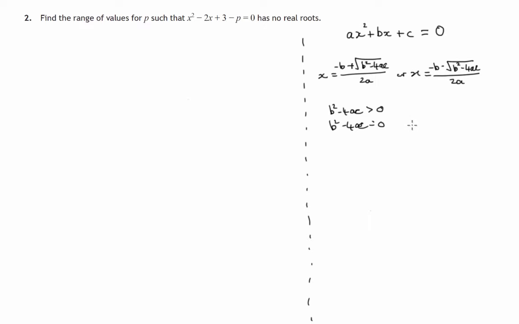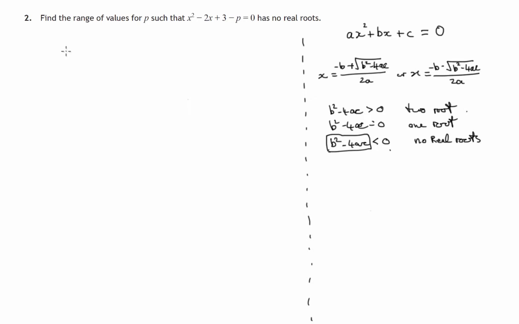We'll only get 1 root. So this had 2 roots, and this situation had 1 root. And indeed, if we've got a number under that square root sign that's less than 0, the square root of a negative number will not give you a real answer, so there will be no real roots. And that's the case when b squared minus 4ac is less than 0.